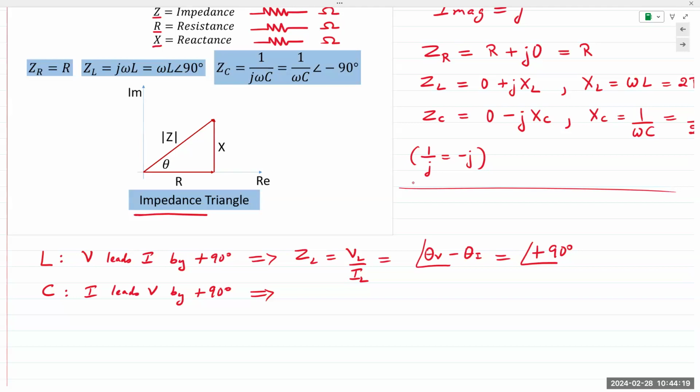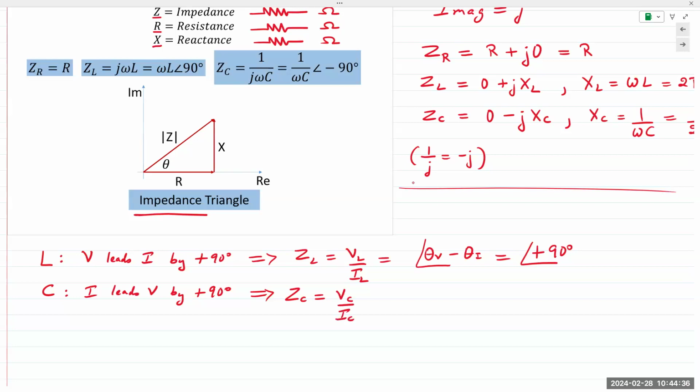I'll explain about the mathematical operations in the next few slides. But for now, just know that we apply Ohm's law and we can find the impedance, or we can use impedance the same way we did resistance.